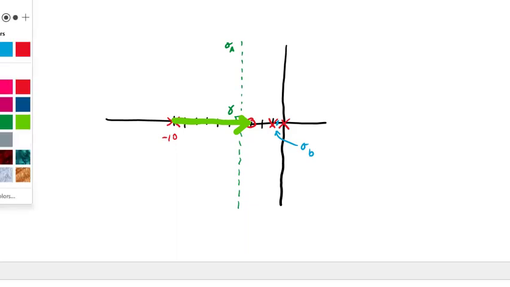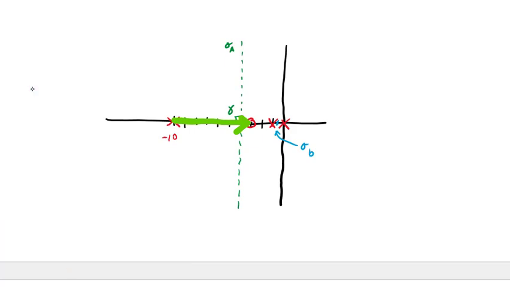Now I'll pick orange for one of these root locuses, root loci. From this, it's going to go to that breakaway point from the 0, and then it's going to break away up. Now I don't know where it's going to go, but the asymptote is a clue that at infinity it's going to be tangential to the asymptote line.